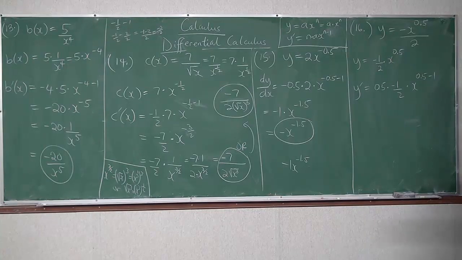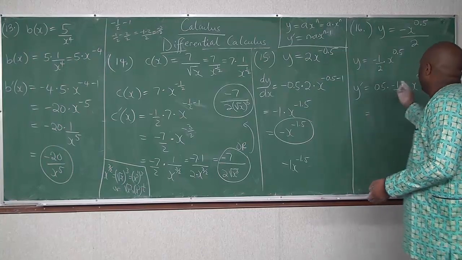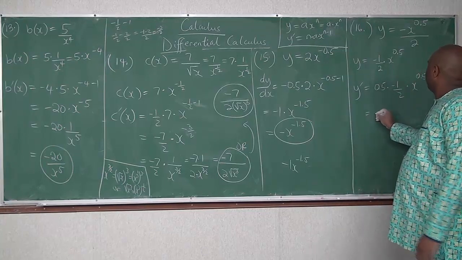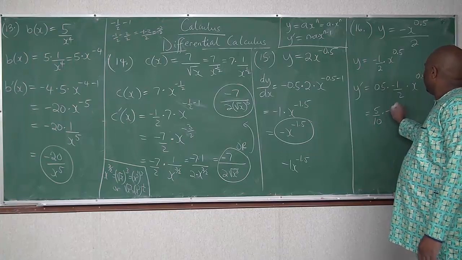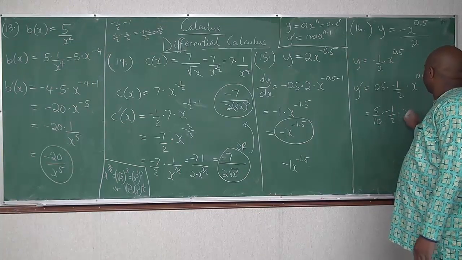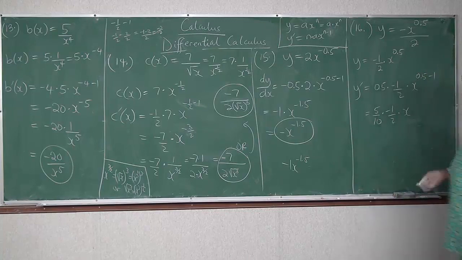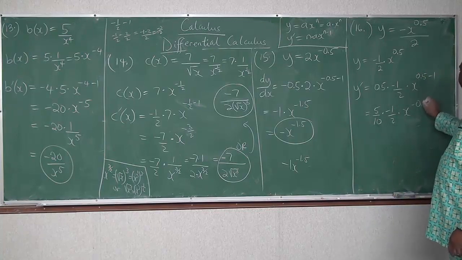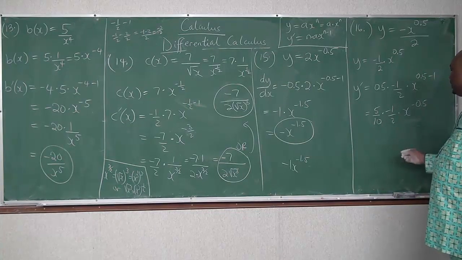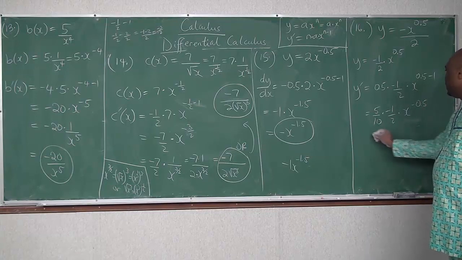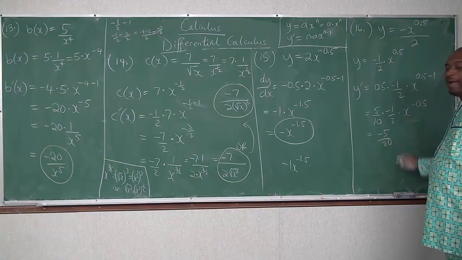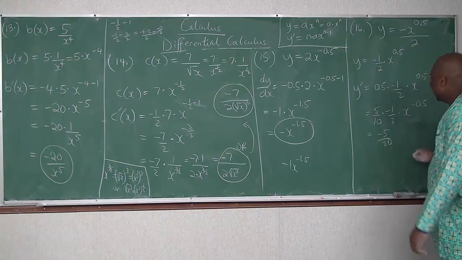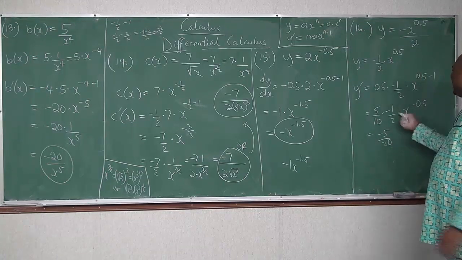So this will be what? You know that 0.5 is 5 over 10. 5 over 10 times negative 1 over 2 times x. 0.5 minus 1 is negative 0.5. So this is negative 5 over 20. I like fractions better than decimals, but I can do it as decimals anyway.